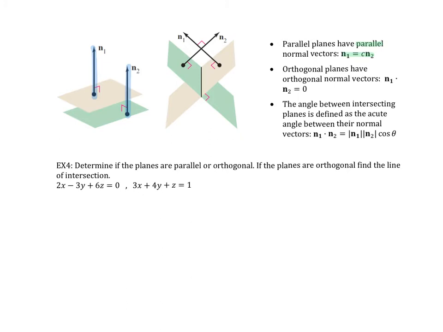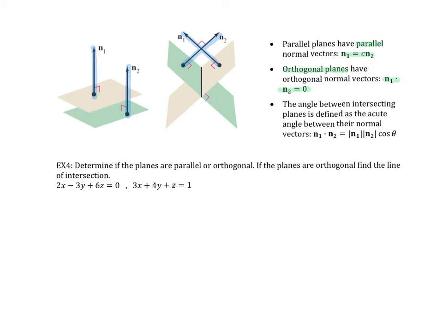So n sub 1 is equal to some constant c times n sub 2. If, as in the second diagram, planes are orthogonal, then their normal vectors will also be orthogonal. That means if you take the dot product, it's going to be equal to 0, right? So here in our diagram, these normal vectors are orthogonal.